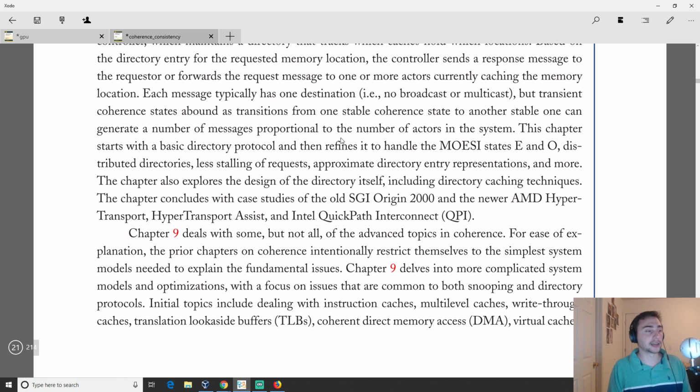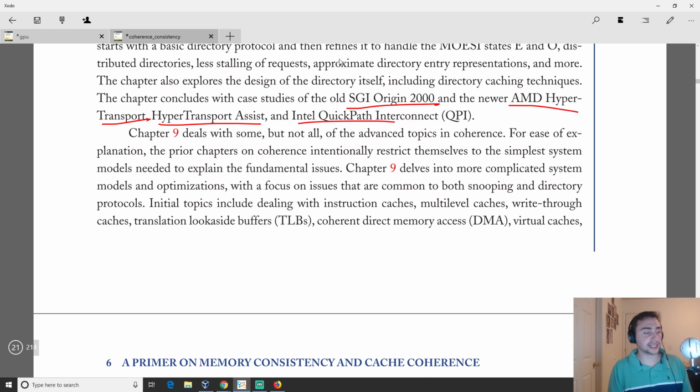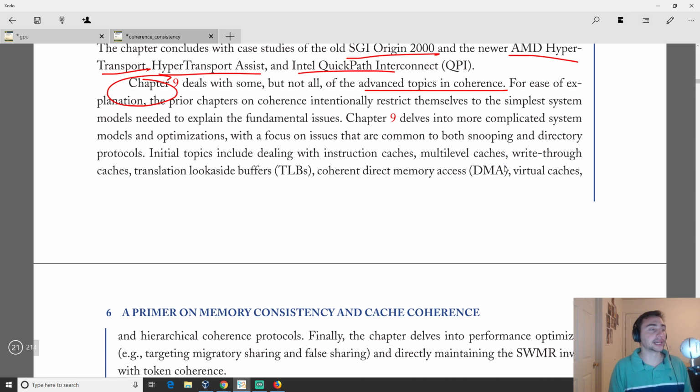And then we'll also talk about some actual case studies, such as SGI Origin 2000, AMD HyperTransport and HyperTransport Assist, as well as Intel QuickPath Interconnect. Finally, we'll conclude with Chapter 9, where we'll discuss some more advanced topics in cache coherence that relate to things like: what do we do about translation look-aside buffers?